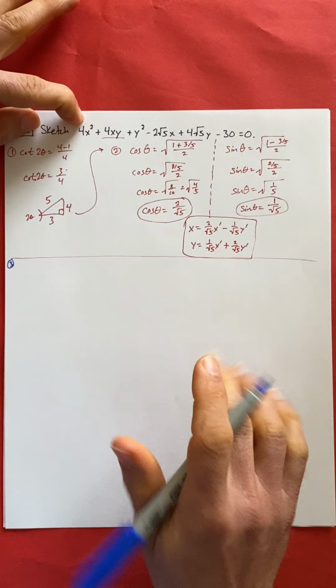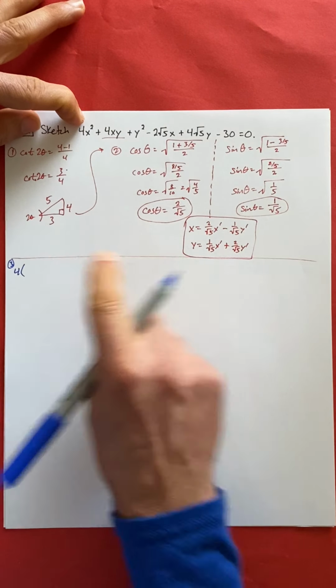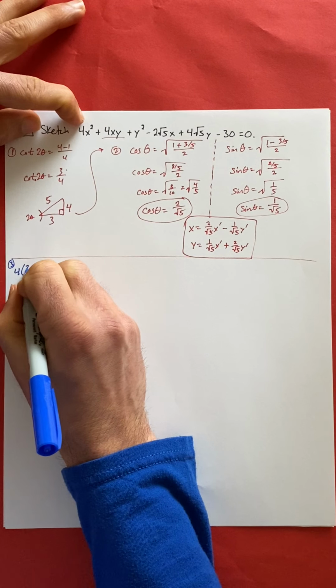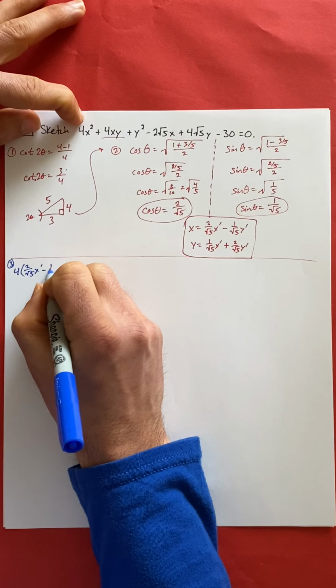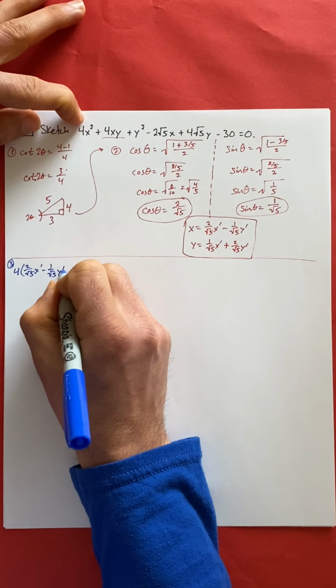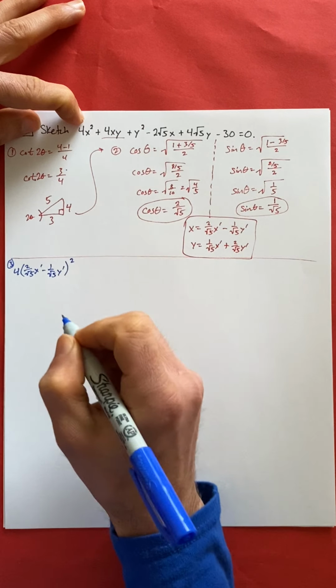So I have 4x squared, so that means it's 4 times that thing squared, so 2 over the square root of 5 x prime minus 1 over the square root of 5 y prime. I prefer that you keep the primes in there now. The next step we can get rid of them.